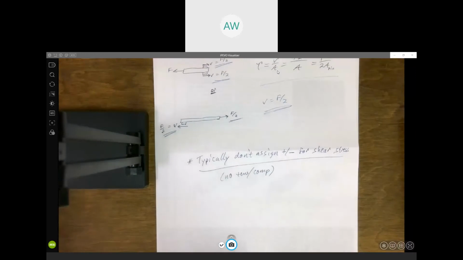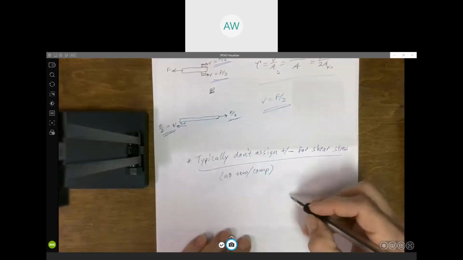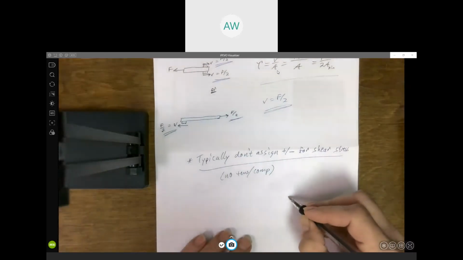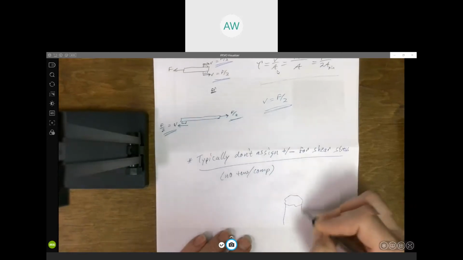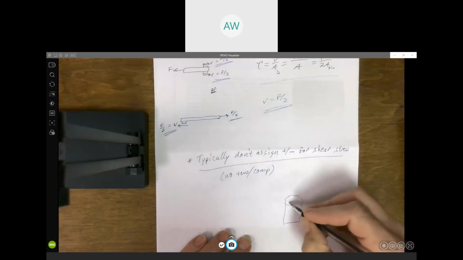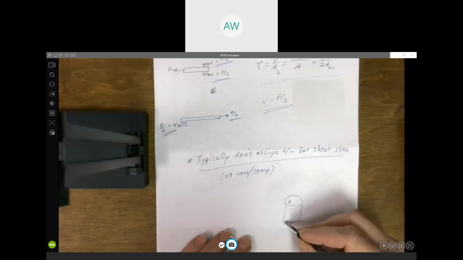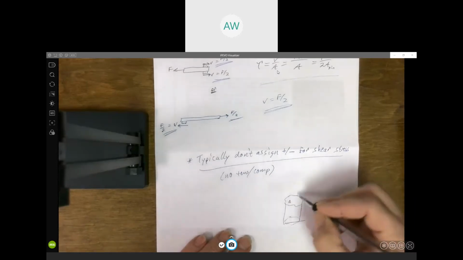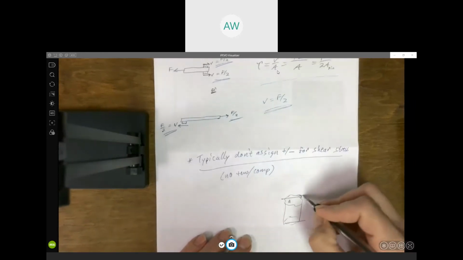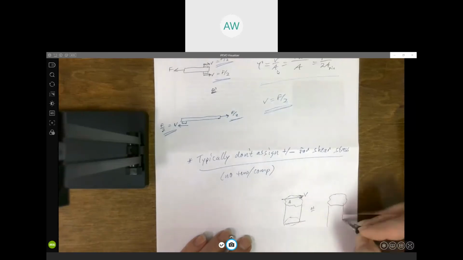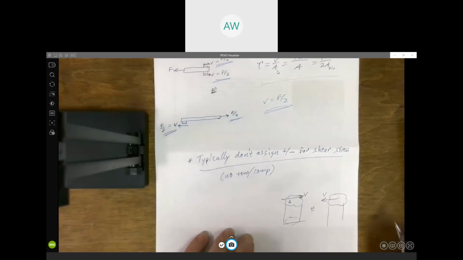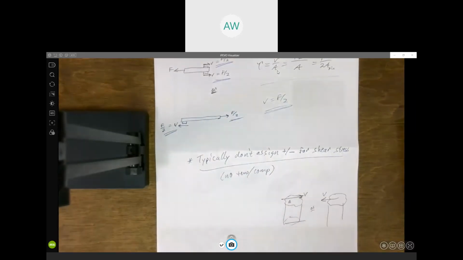If you've got, let's look at this cross-sectional area of this bolt. It doesn't matter if the shear force is going that way or if the shear force is going this way. It doesn't matter.